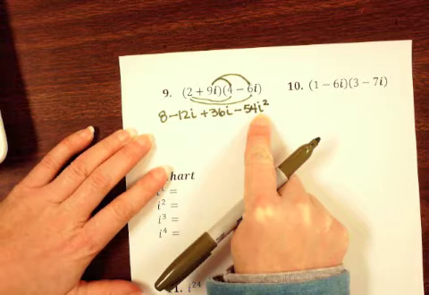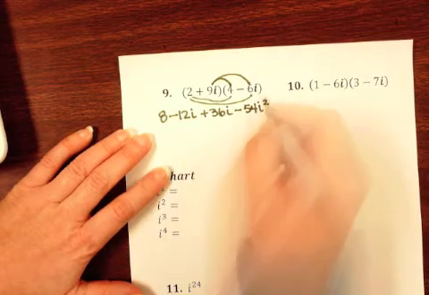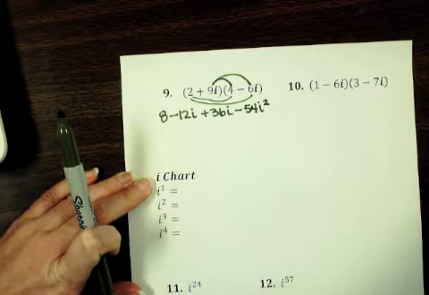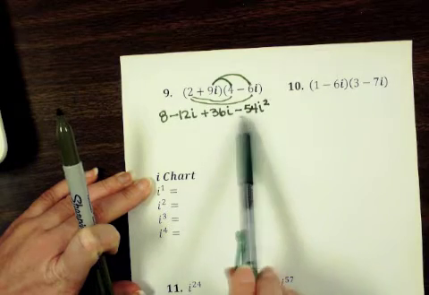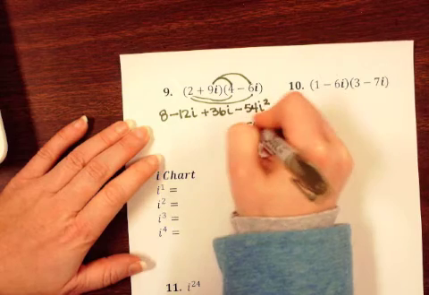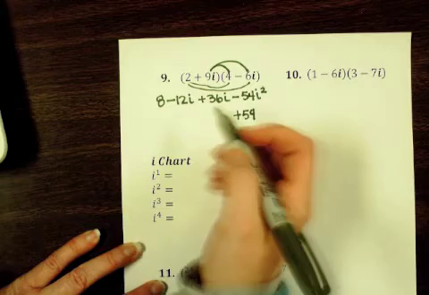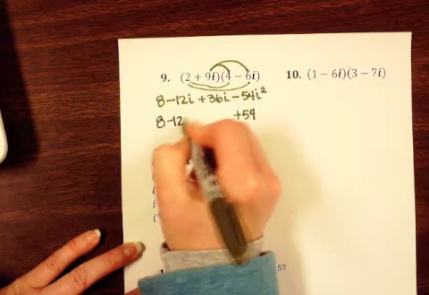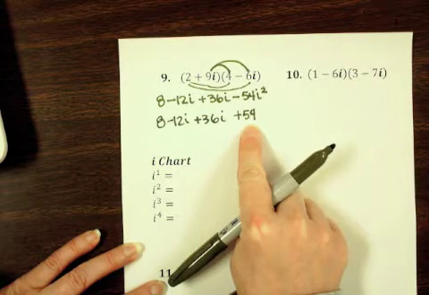The first thing I want to notice is that I've got an i squared. So like I said, what I like to do is know that i squared is this number, negative 1, that's going to change the sign of the negative 54 and make it plus 54. And there is no more i. So I have an 8 minus 12i plus 36i, and then of course that one changed to plus 54.